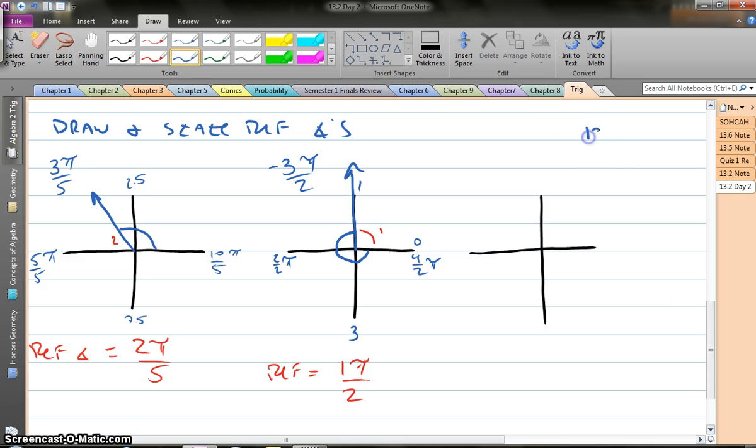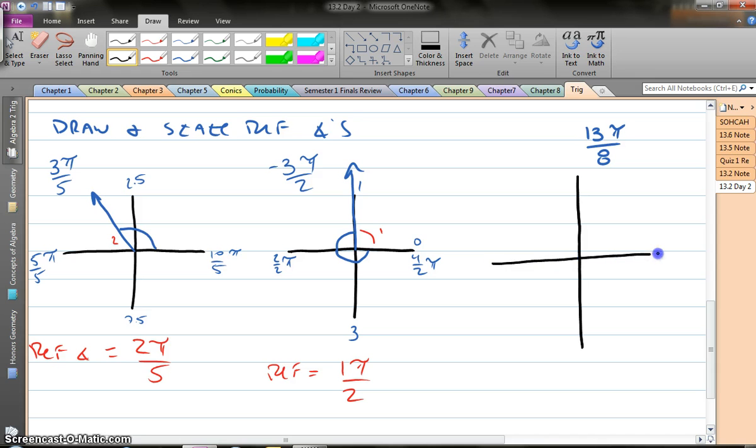All right, how about 13 pi over 8? 13 pi over 8. All right, so I have, again, I'm going to move this over, lo siento. 13 pi over 8. So I have 8 over 8 pi. I have 16 over 8 pi. 16 pi over 8. All right, and I need to go 13.